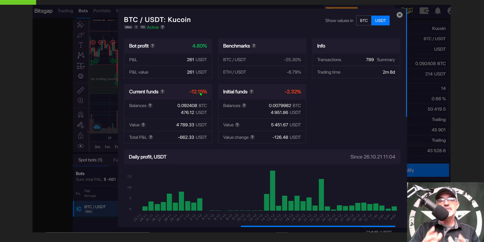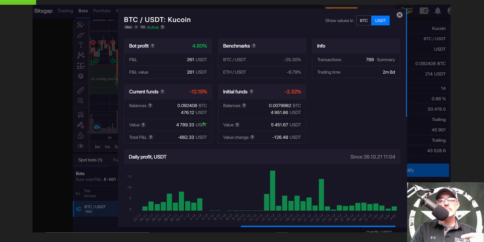However, that is purely due to the fact that this bot has the trailing down feature, and in reality you'll see that my position has grown from a $1,000 initial position to almost 4,800 USDT, and that is because the bot continued to buy as Bitcoin dropped. The Kucoin bot stopped buying at 60,000 because that was its lower limit.